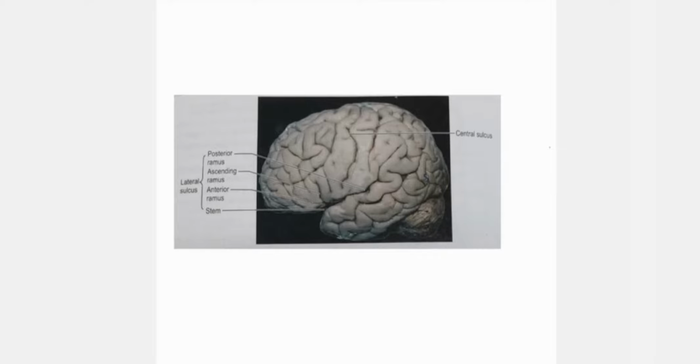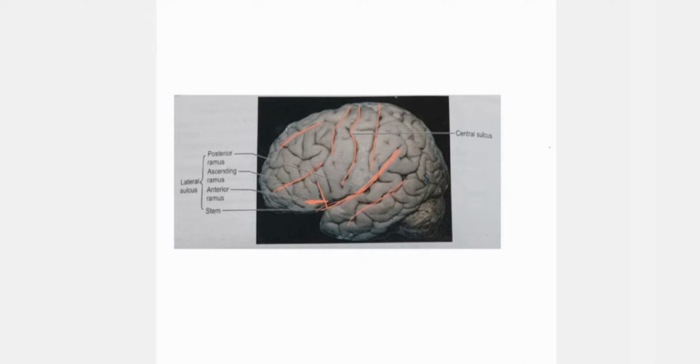So this is a supralateral surface. This one is the central, then precentral and postcentral sulcus, and this one is the superior as well as the inferior frontal sulcus, and this is the lateral sulcus forming the posterior ramus, ascending ramus as well as the anterior ramus.